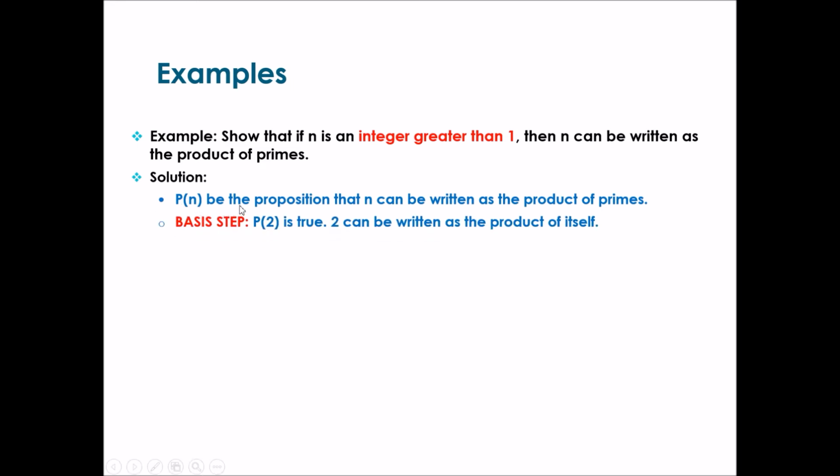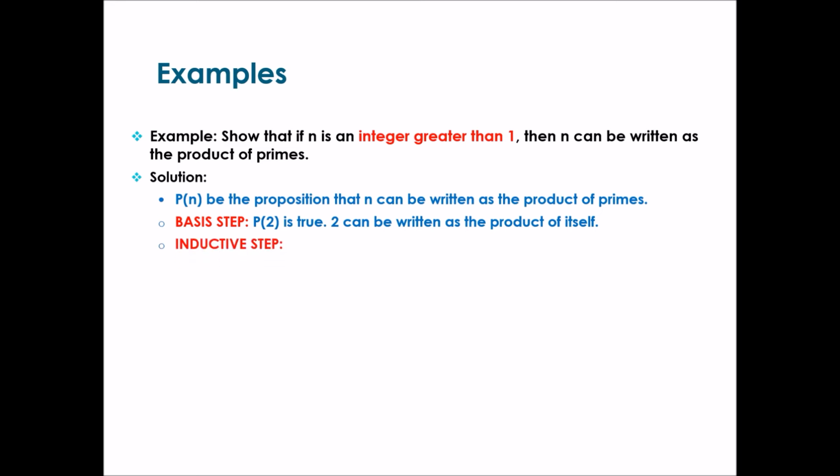We just need to write Pn, and in this case Pn is the proposition that n can be written as the product of primes, where n is greater than 1. So basis step, we'll start with P2 because n is greater than 1. So we'll start from n equal to 2. So P2 is true because 2 is a prime number itself. So by default it can be written as a product of primes.